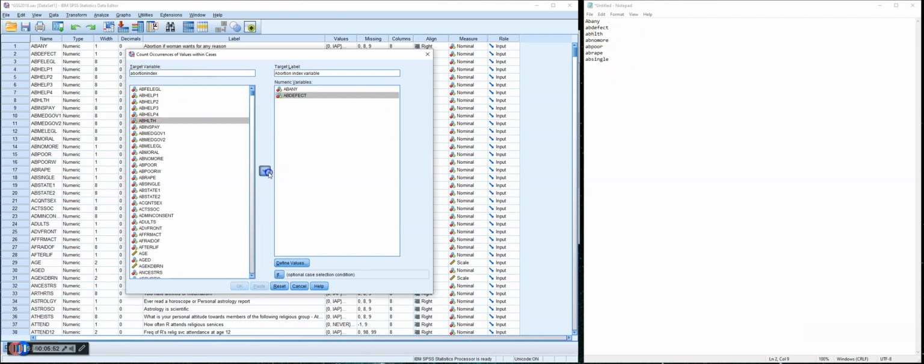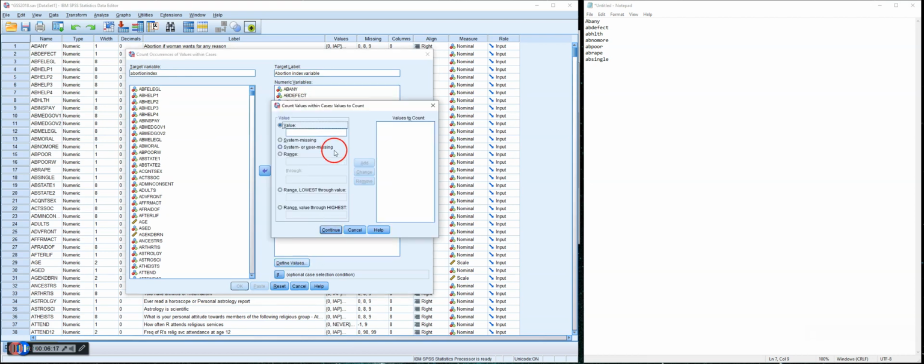ABHLTH. ABNOMORE, no more babies. ABPOOR, they are too poor to have more babies. And ABRAPE, if the pregnancy was caused by rape, and ABSINGLE. Okay, so now we collected all 1, 2, 3, 4, 5, 6, 7 variables and are defining values.